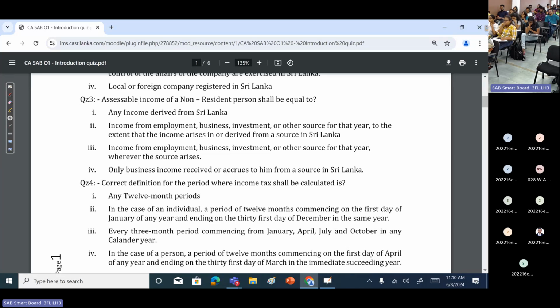Only business income received by or accruing to him from a source in Sri Lanka. Answer? Answer. 3. Income from employment, business, investment, or other source for that year, wherever the source arises. Answer. Then?